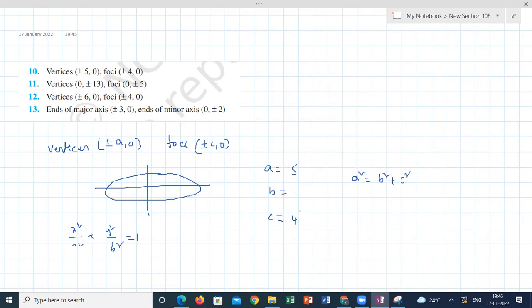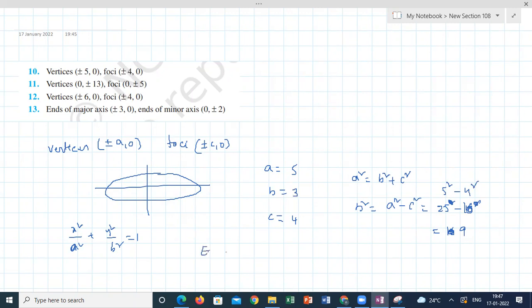So the ultimate goal is, if you are able to calculate the a² and b² values, the job is done. b² = a² − c², that is 5² − 4², which is 25 − 16, which is 9. So b is equal to 3.